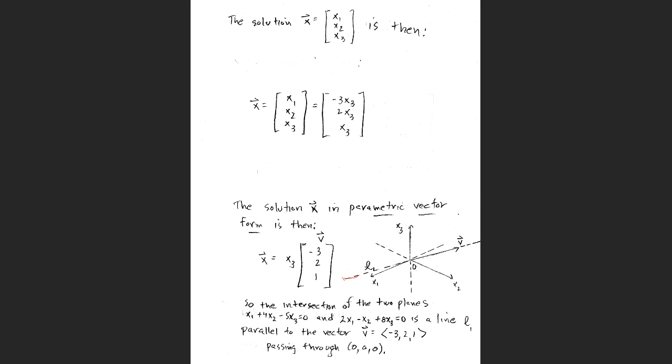Here's this line. I call it line L1. If I take the vector v and multiply it by different scalars, it's going to produce different points. But if I put all the points together, it's going to form this line L1 that you see here, that passes through the origin and is parallel to the vector v. It actually goes through the vector v.